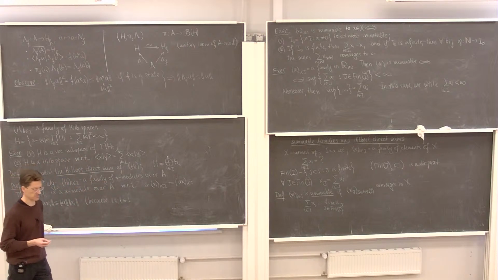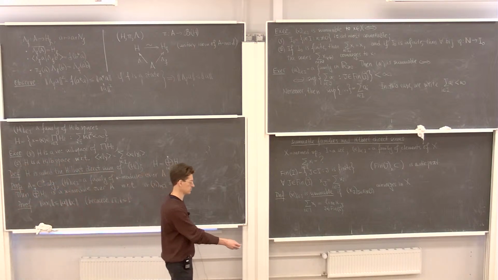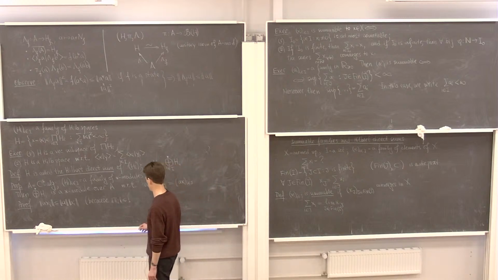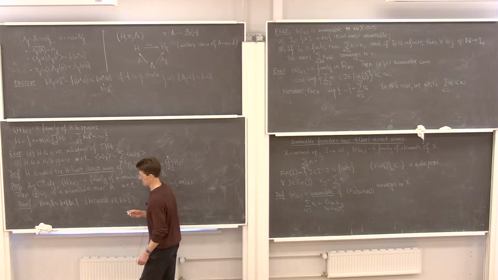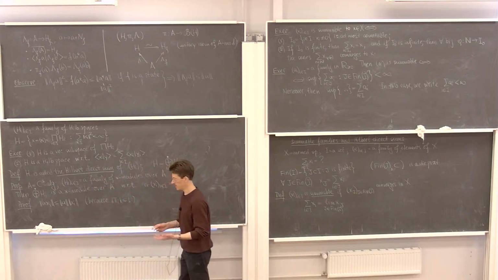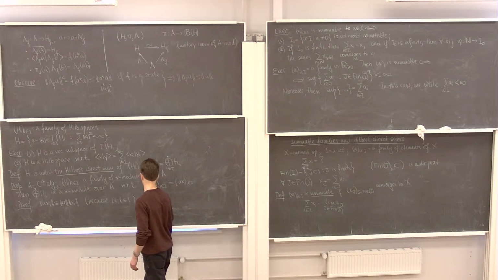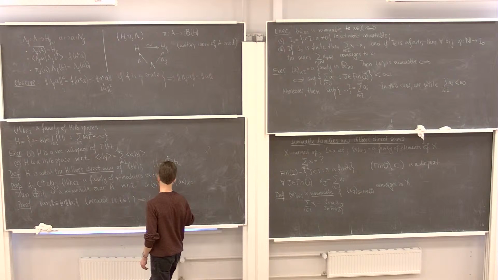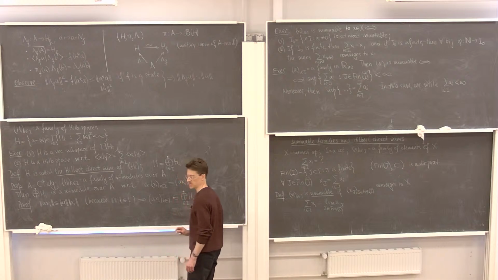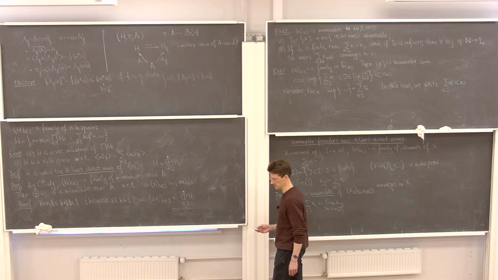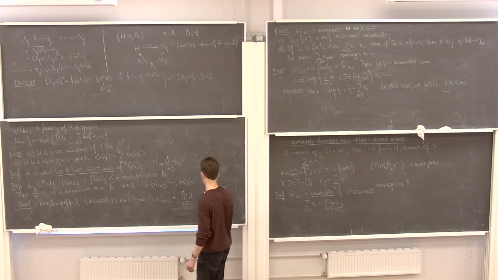Well, we know that every star homomorphism between C star algebras is contractive. So the norm of the respective representation is less than or equal to 1. This implies that we have this inequality, and therefore this readily implies that the family a x_i actually belongs to the Hilbert direct sum. And now the axioms of a star module are readily verified. So the Hilbert direct sum of a family of star modules is also a star module.